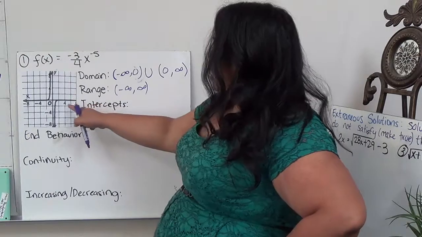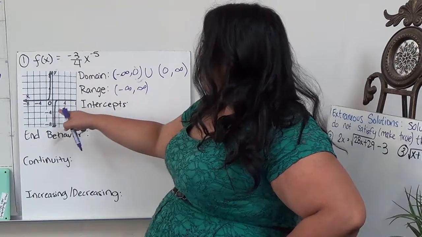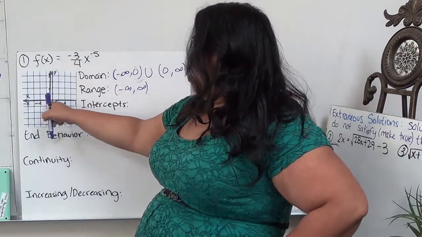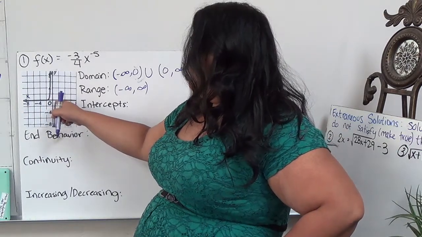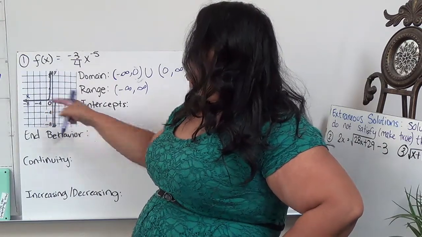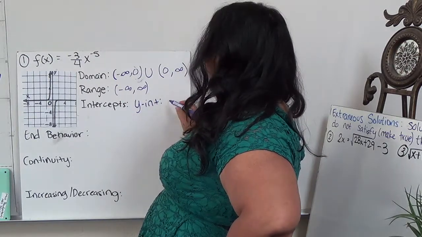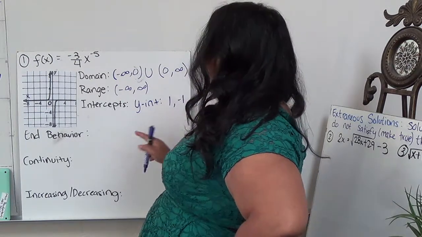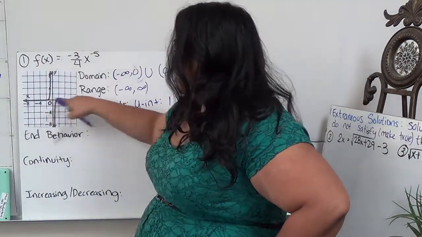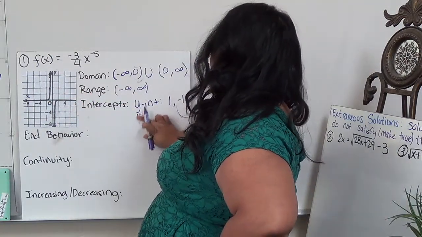The intercepts: for the y-intercept, it hits here and here, so these go by 2's, so this would be 1. So 1 and -1, so the y-intercept would be 1 and -1. And then for the x-intercept, because it never actually hits the x-axis, it just gets close to it, the x-intercept is none.